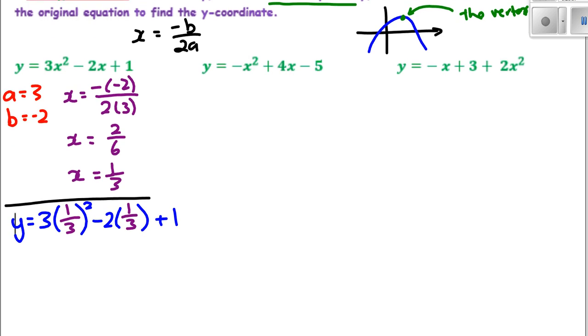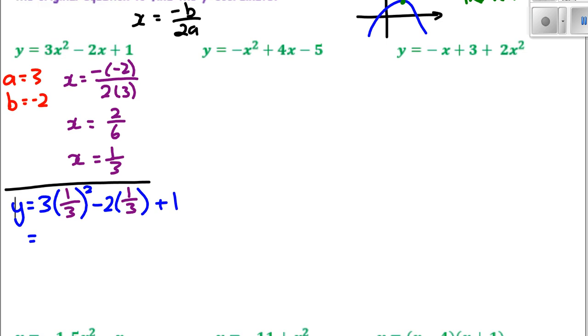Now we've got to use BEDMAS. 1/3 times 1/3 is 1/9. 3 times 1/9 is 3/9. 3/9 is the same as 1/3. Minus 2 times 1/3, 2/1 times 1/3 just gives us 2/3, plus 1. So 1/3 minus 2/3, would you agree, is negative 1/3?